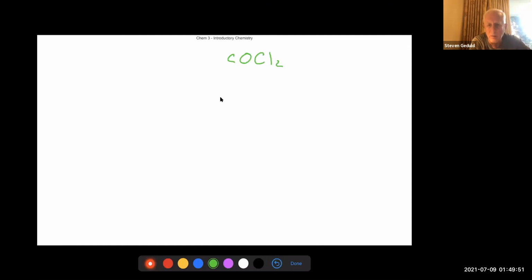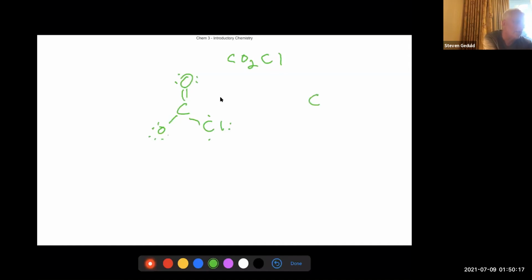No, I got that wrong. I put CO2, 1 chlorine. All right, let's draw one Lewis structure, which would be carbon, double bond to oxygen, bonded to chlorine. And the other one would be carbon bonded to oxygen.